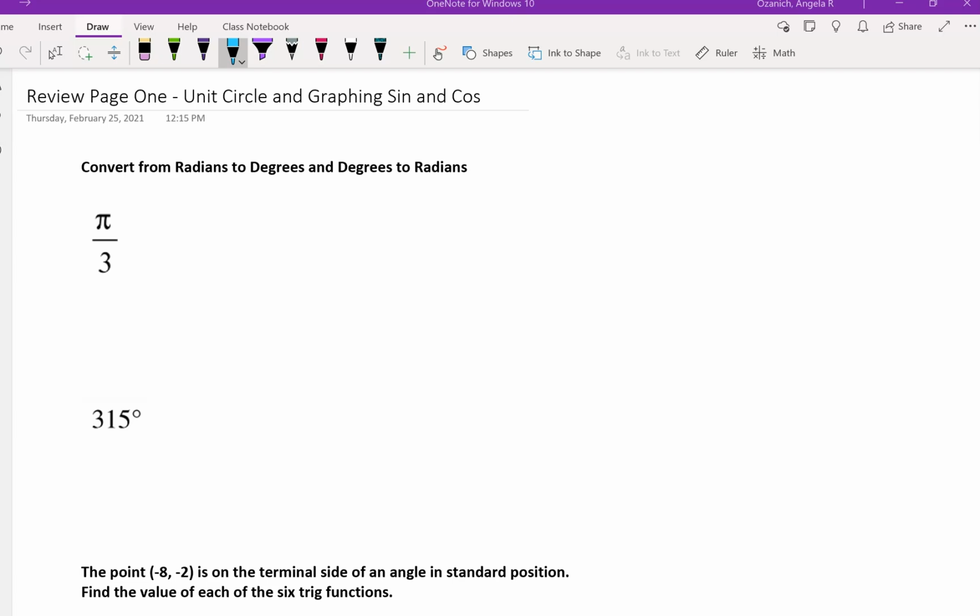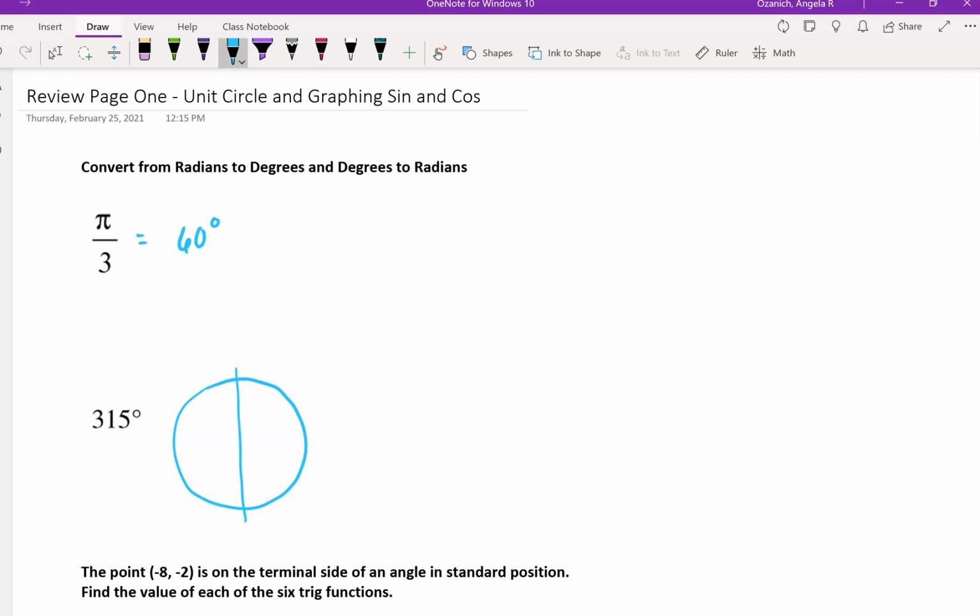Okay, so the first thing that you need to be able to do is just convert from radians to degrees and degrees to radians, and sometimes we'll have nice, clean information that are degrees or radians from our unit circle, like pi over 3 is 60 degrees, and 315, where is that?